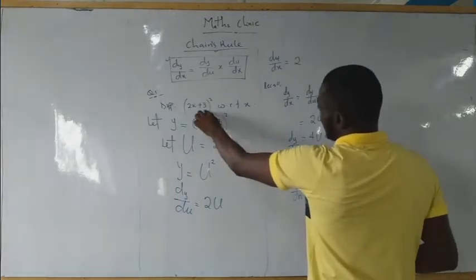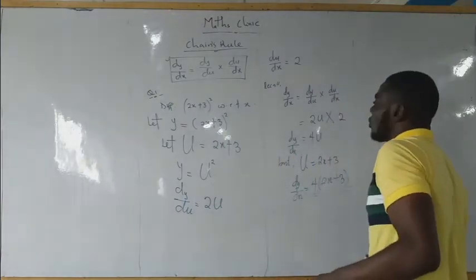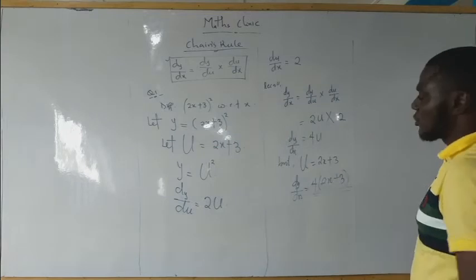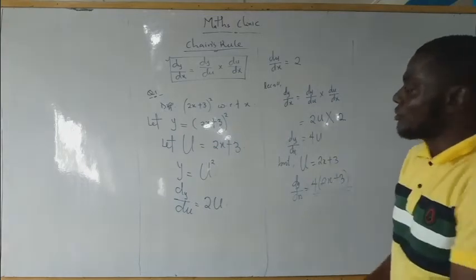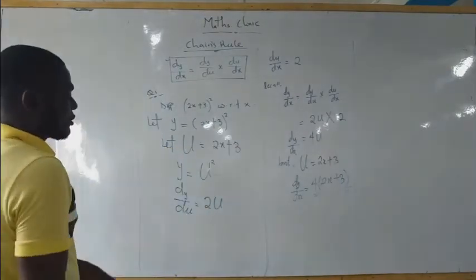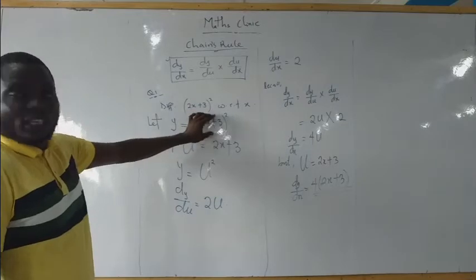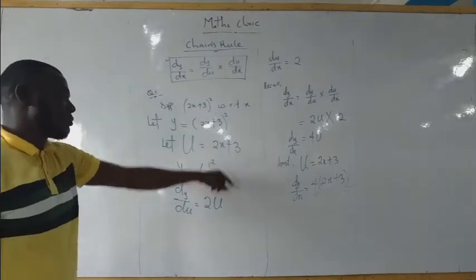So this is the derivative of 2x plus 3 all raised to the power of 2. I'll take that again. If you have y equals 2x plus 3 all raised to the power 2, let u equal 2x plus 3.